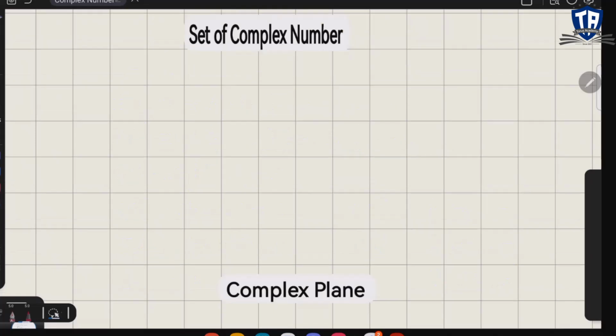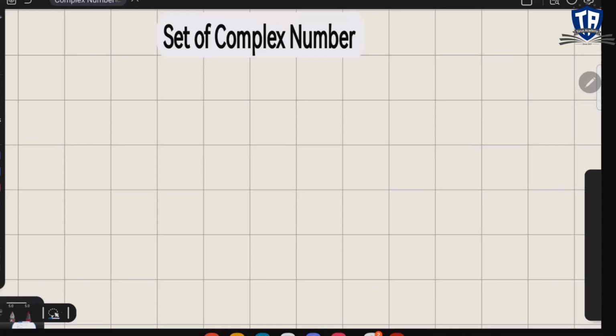All right. In mathematics, we know what a set of real numbers is. The set of real numbers is a large set which contains all the numbers, like integers, decimals, fractions, meaning all the rational numbers and all the irrational numbers. When you combine them, you get a larger set, which is known as the real set.